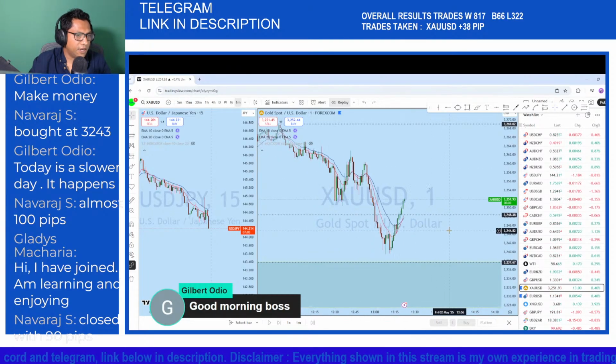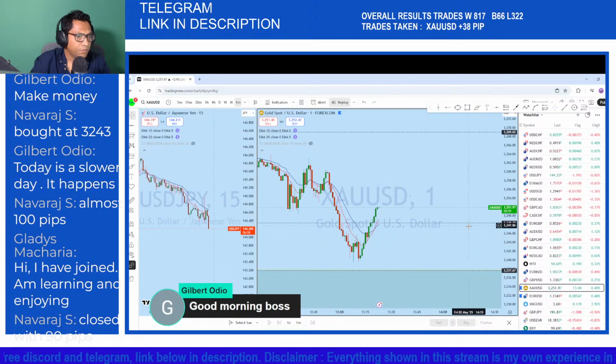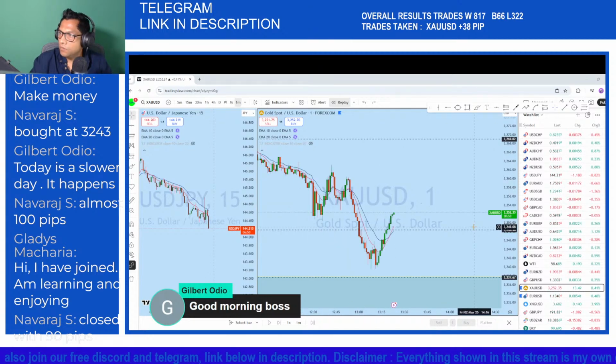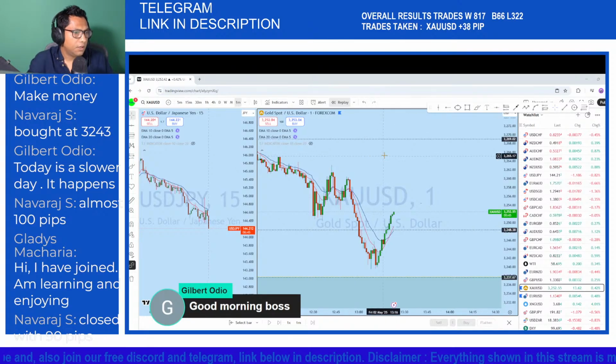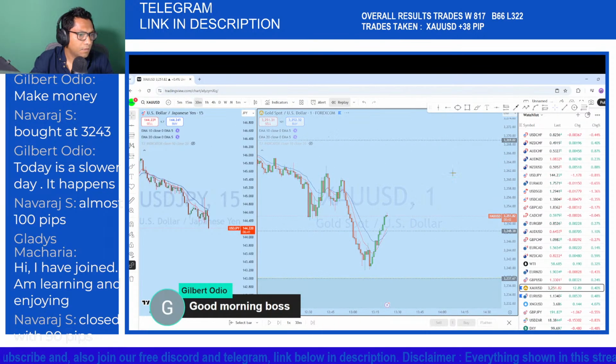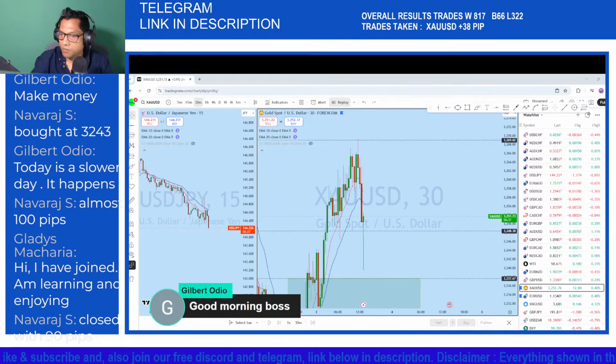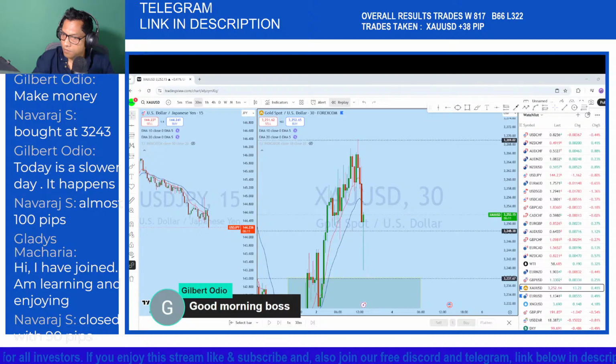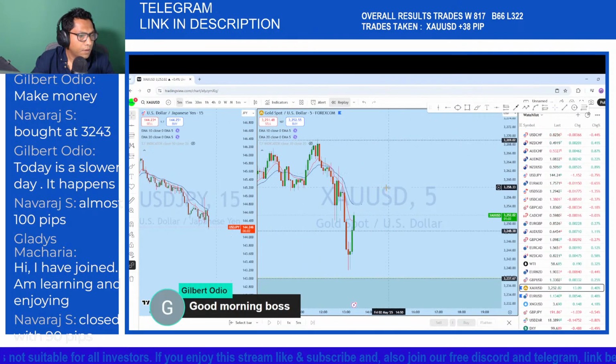Now as the market has managed to bounce in that area, we would potentially see the price go back to that area here.